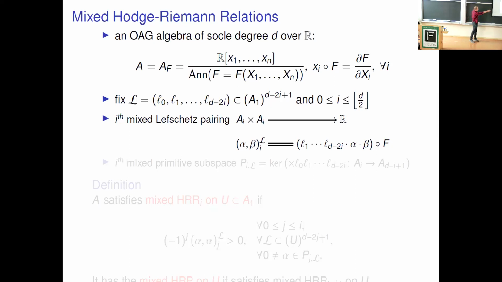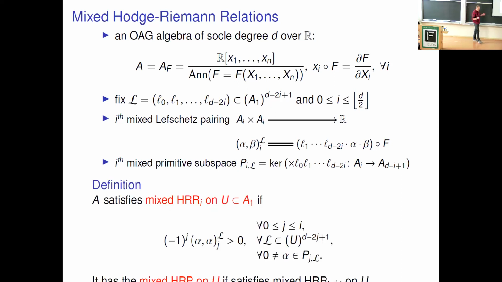Notice I'm holding off, I'm not including the 0th one here, but I include the 0th one for the primitive subspace. That's like multiplying by the L to the d minus 2i plus 1. So I have the mixed primitive subspace and the mixed Lefschetz pairing. And then when I talk about mixed Hodge-Riemann in degree I, I'll always talk about on a set of linear forms.